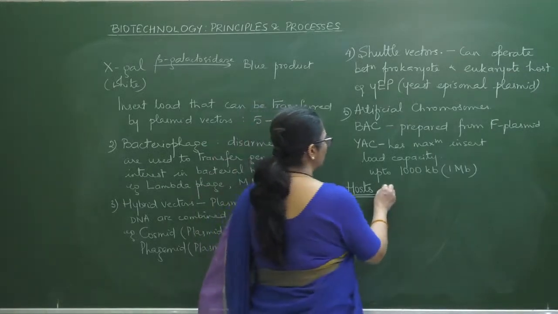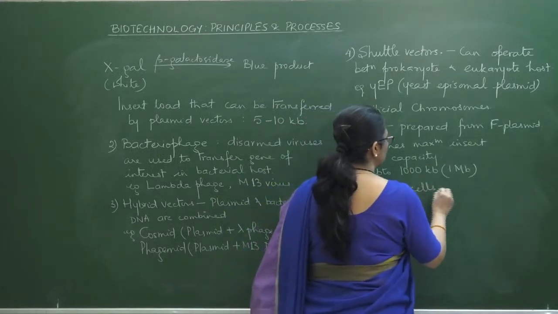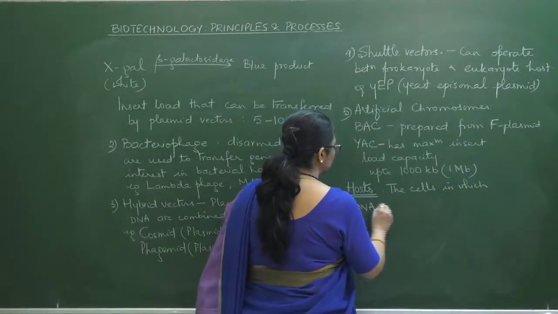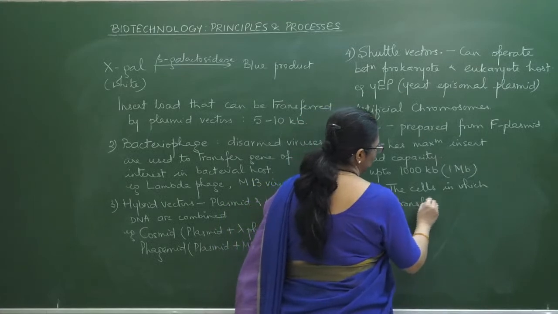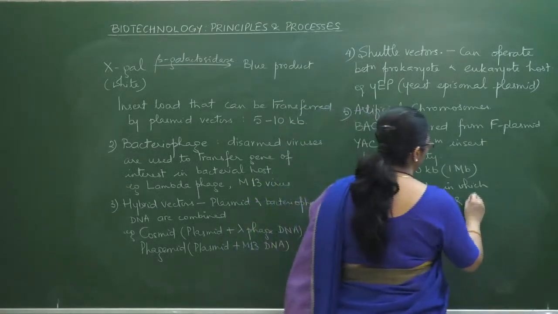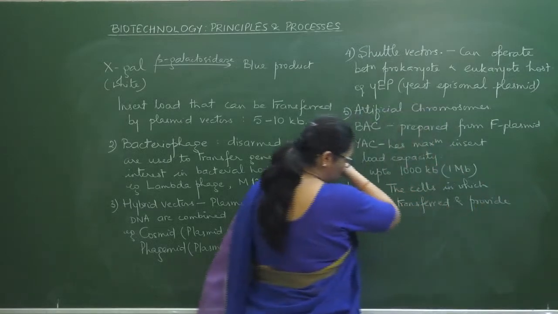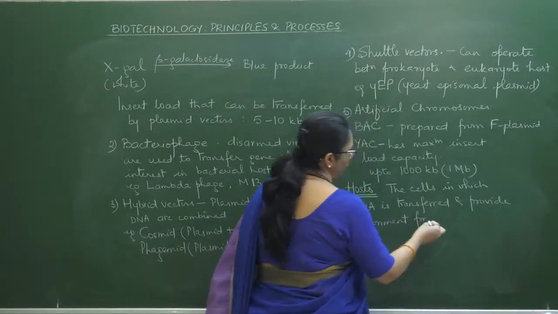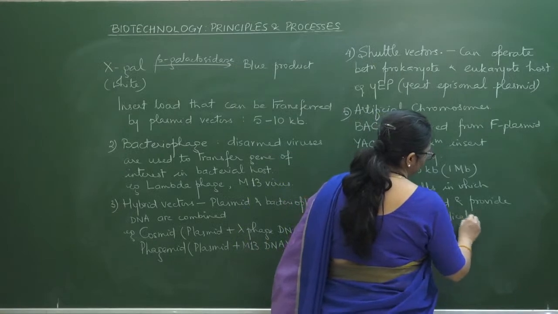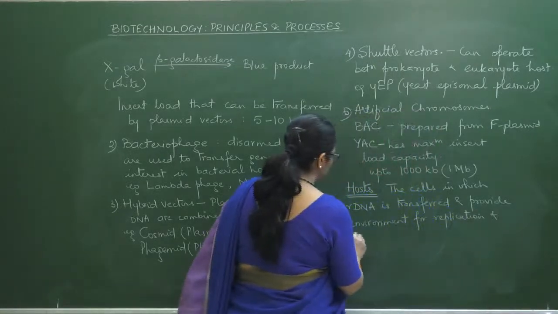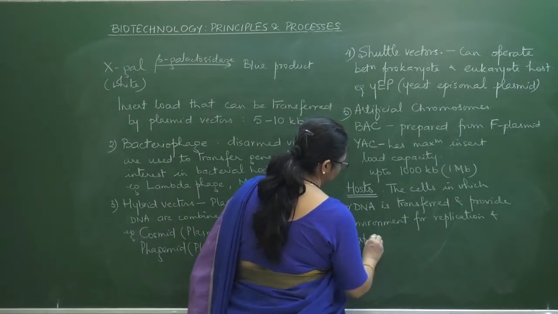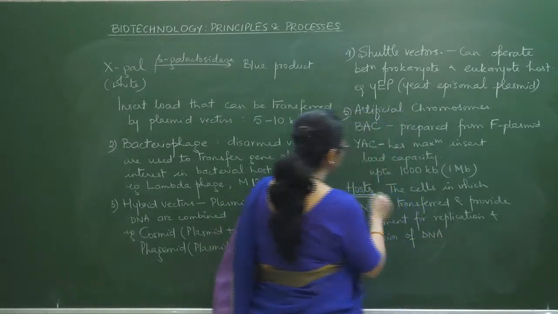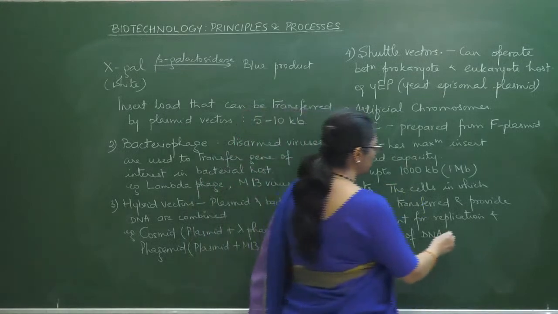So hosts are the cells in which recombinant DNA is transferred and which provide the environment for replication and expression of the DNA of interest, because along with this recombinant DNA, the DNA of interest has also come into them.